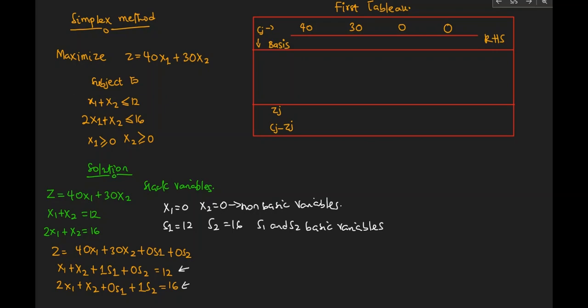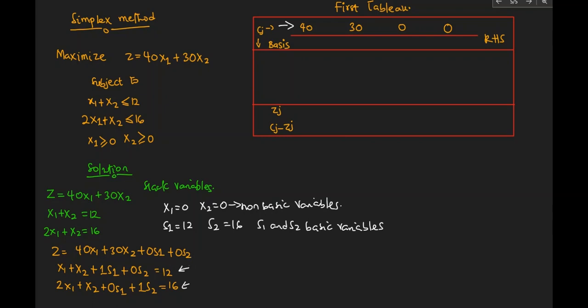This is our first table. For the first row, the values there are the coefficients of x1, x2, s1, s2 in the objective function. The coefficient of x1 is 40, and I have 40 there, x2 is 30, and I have 30 there, and s1 and s2 are 0, so I have 0 and 0 there.